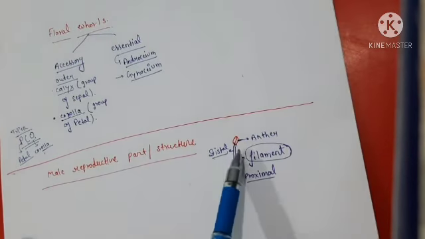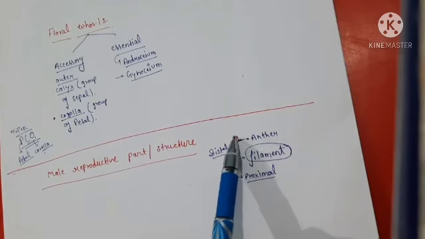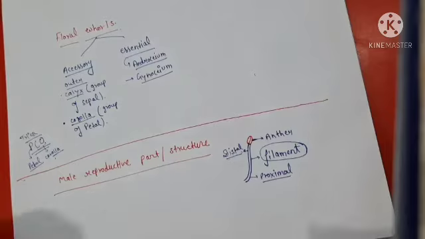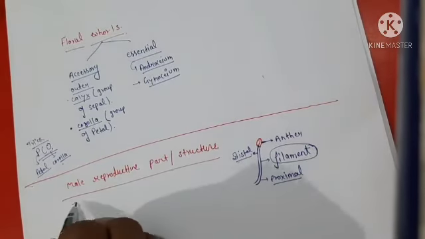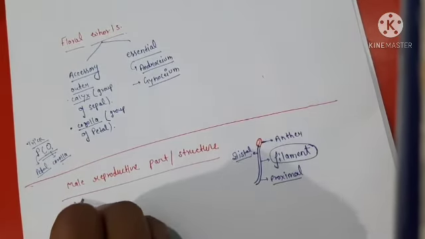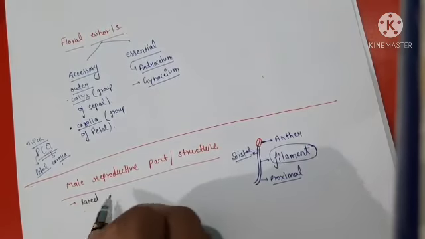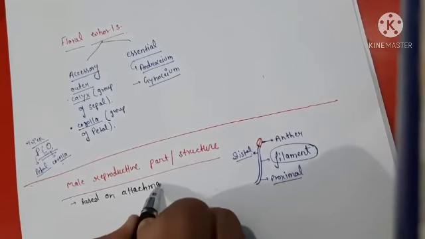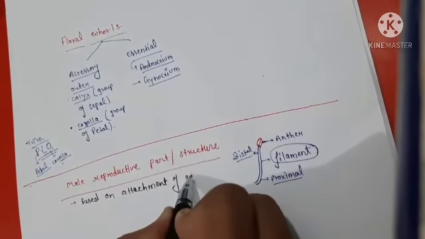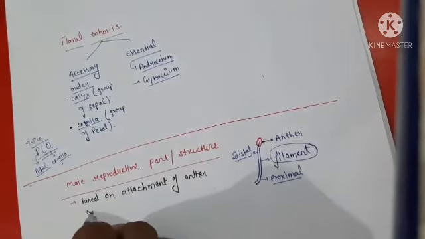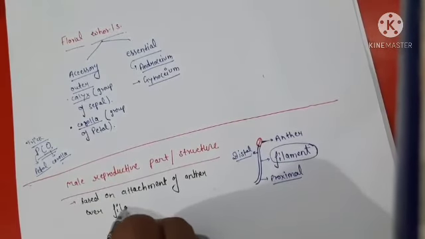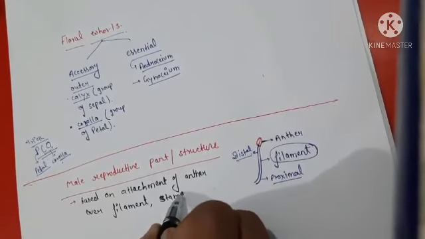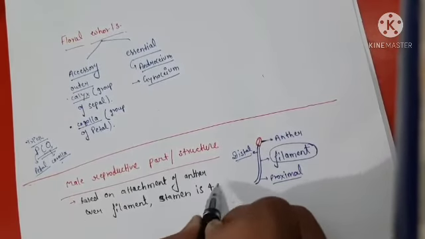So here, based on the attachment of anther over filament, stamens are divided into 4 types.